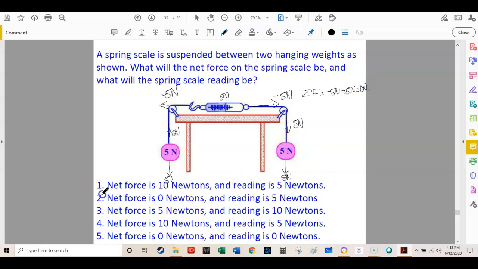So the net force is going to be 0 on this, but the reading on the scale is going to be 5 newtons. So the overall scale has a net force on it of 0, but this part is just holding it in place as this spring is being pulled to the left, so that's going to read 5 newtons. So that's kind of an easy, kind of cool problem to try out.